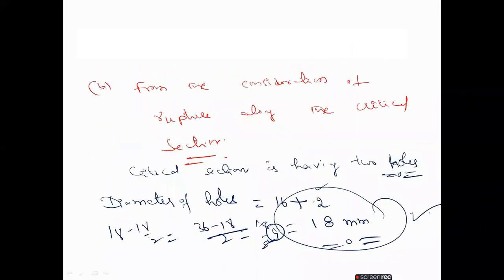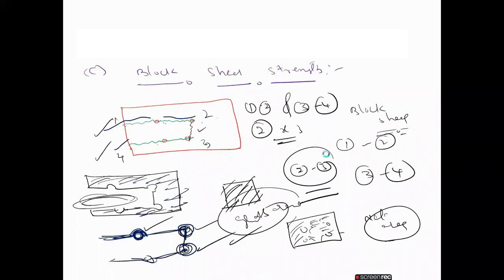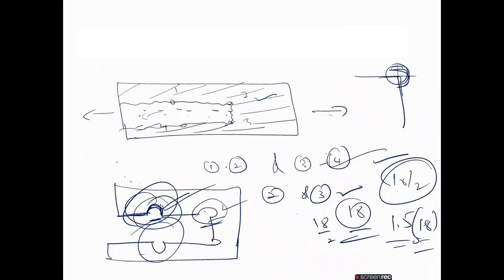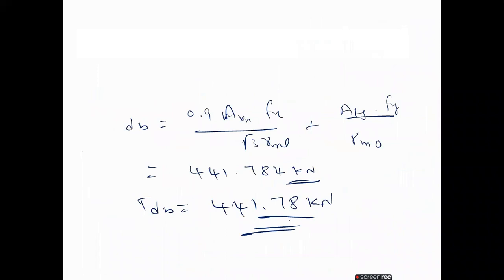In the second condition we got that answer. The first condition we got 354, 332, and the third condition I think we got 447. Okay, so if I write here all the three condition values, the first one is 354.545 kilonewton in the yielding.